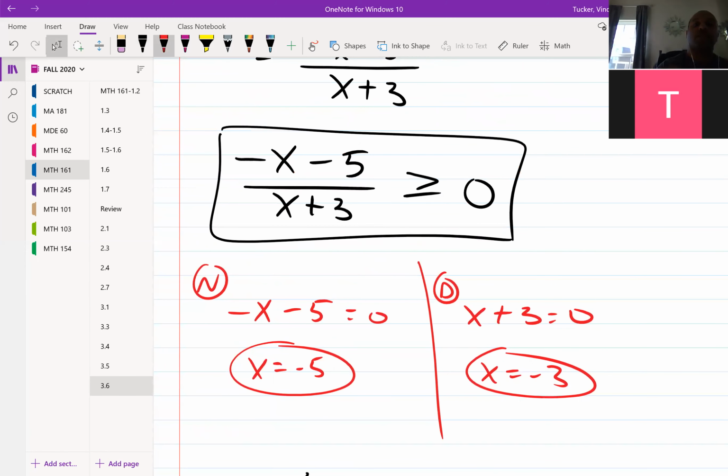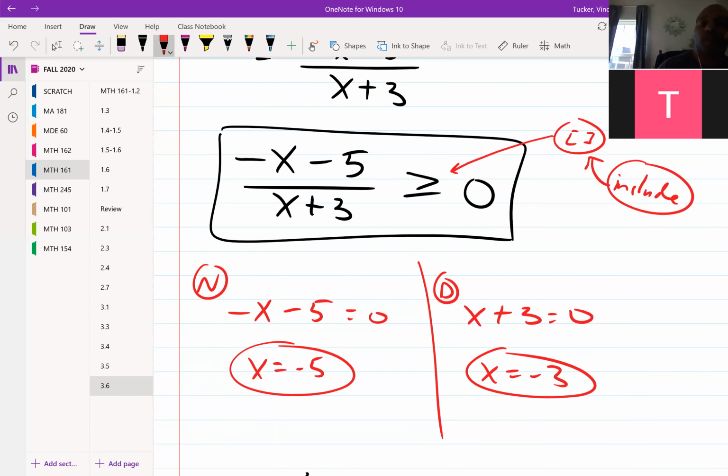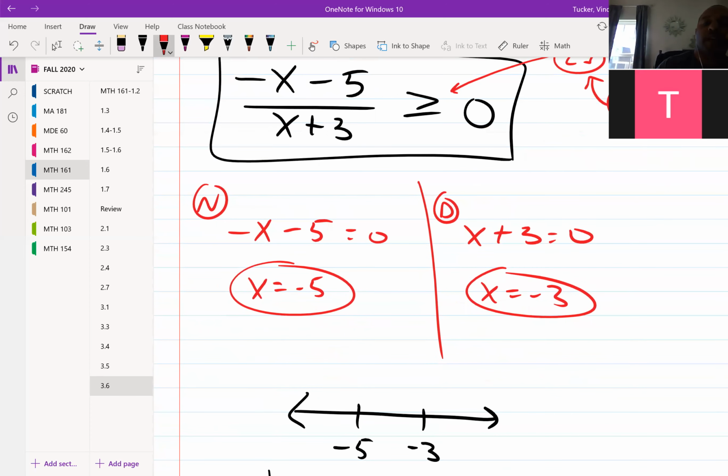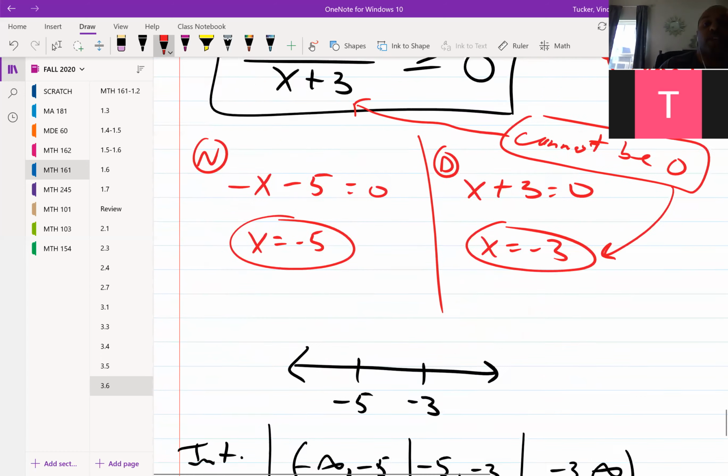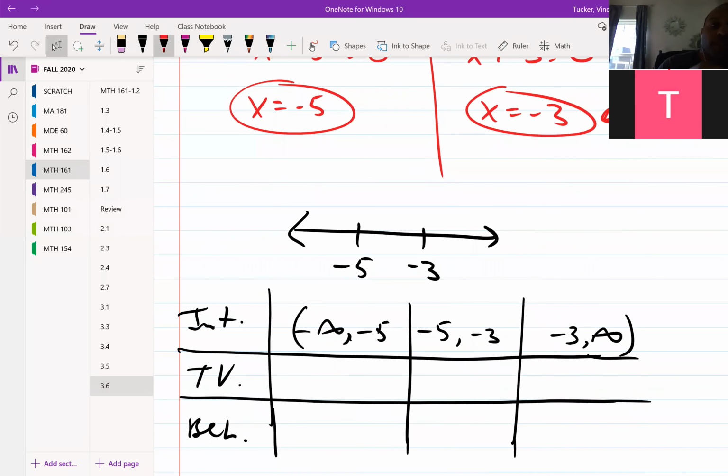Now here, that tells us to use bracket, but we have to be careful here because bracket means include. But I cannot have 0 in the denominator. So the value that gave me 0 in my denominator, which is -3, I cannot use as a part of my solution set.